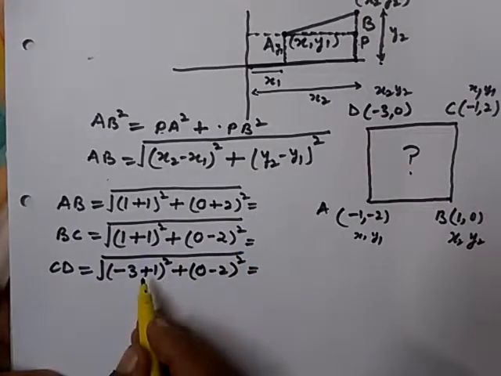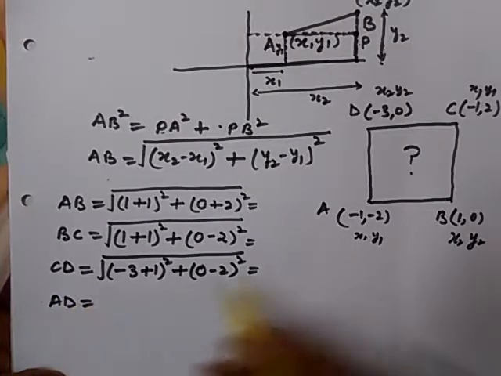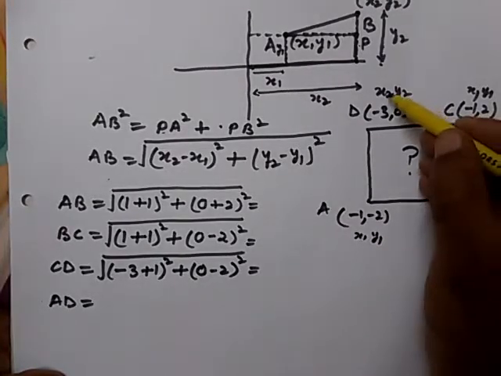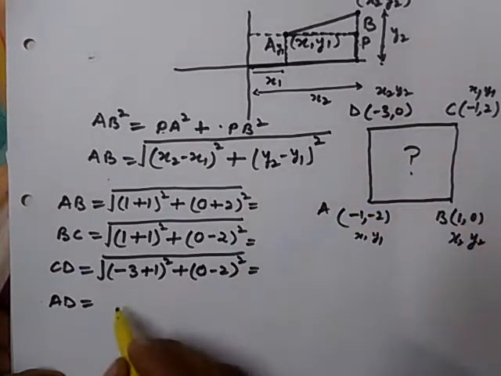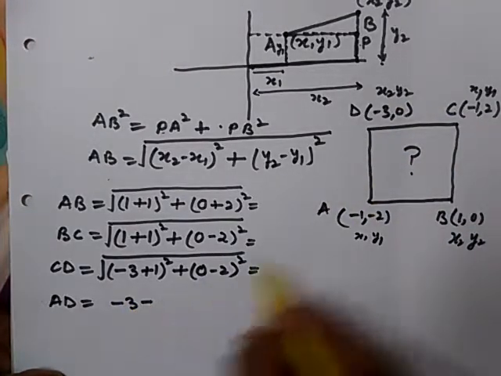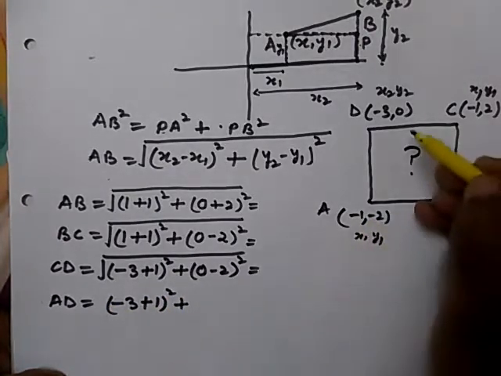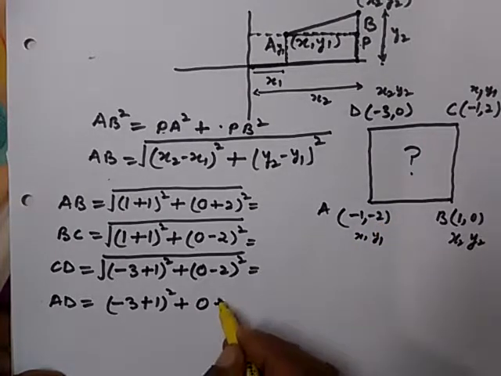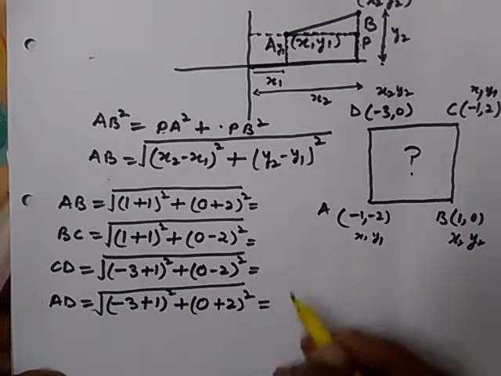It will give you the length of the third side. Then DA or AD. This is x1, y1, already written. Suppose this is x2, y2. You will say x2 minus x1, that is minus 3 minus 1, so it is plus 1 square, plus y2 minus y1, 0 minus, it is already here, so it is plus 2 and its square under the root.